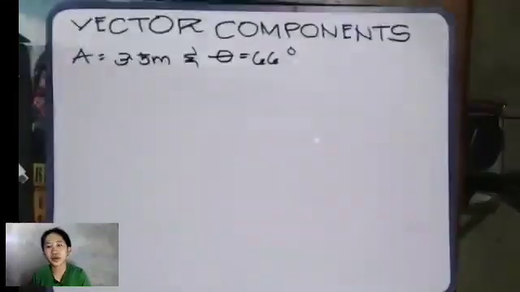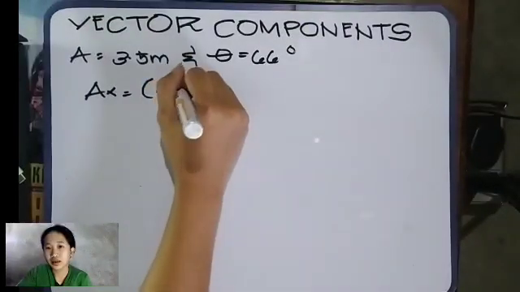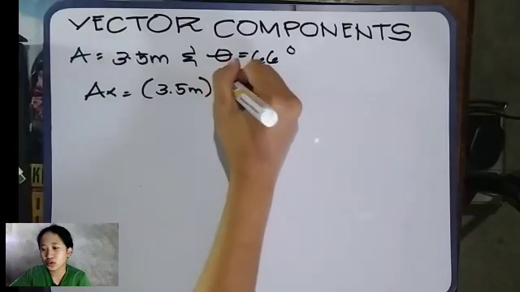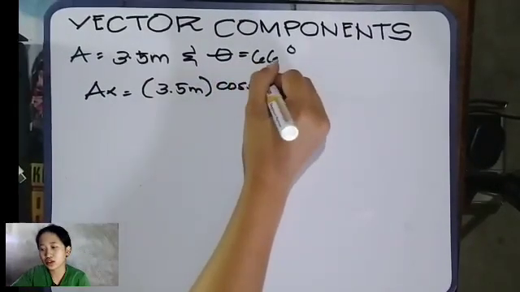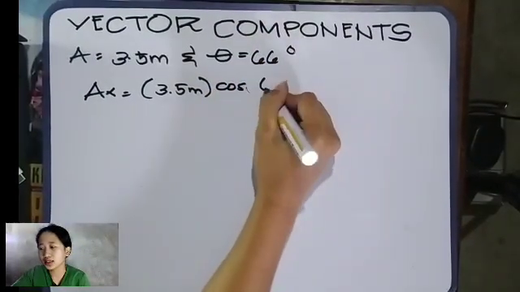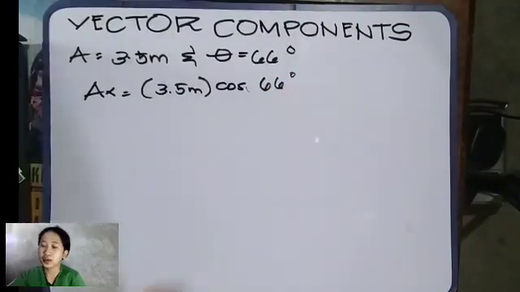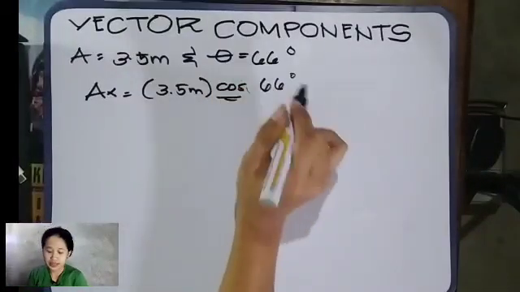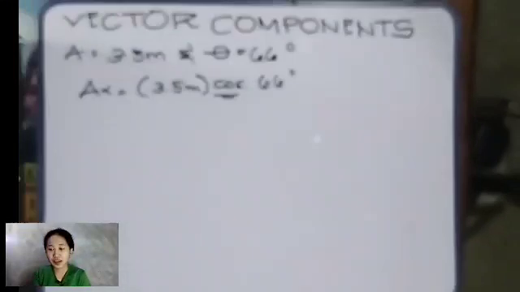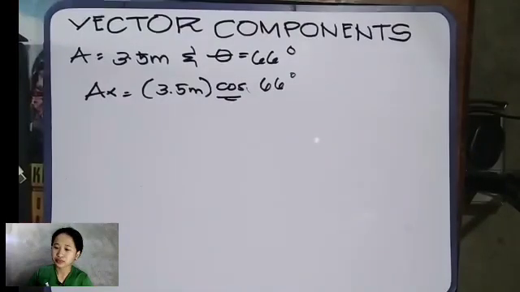So, meron tayong dati sa may pinag-aralan namin, sa may trigo, na ganito, isa-substitute lang. So, a sub x is equals to 3.5 meters cosine 66 degrees. So, bakit naging cosine? Kasi, di ba, sa unit circle, kapag x-axis, cosine, then kapag y-axis is doon ang sine.